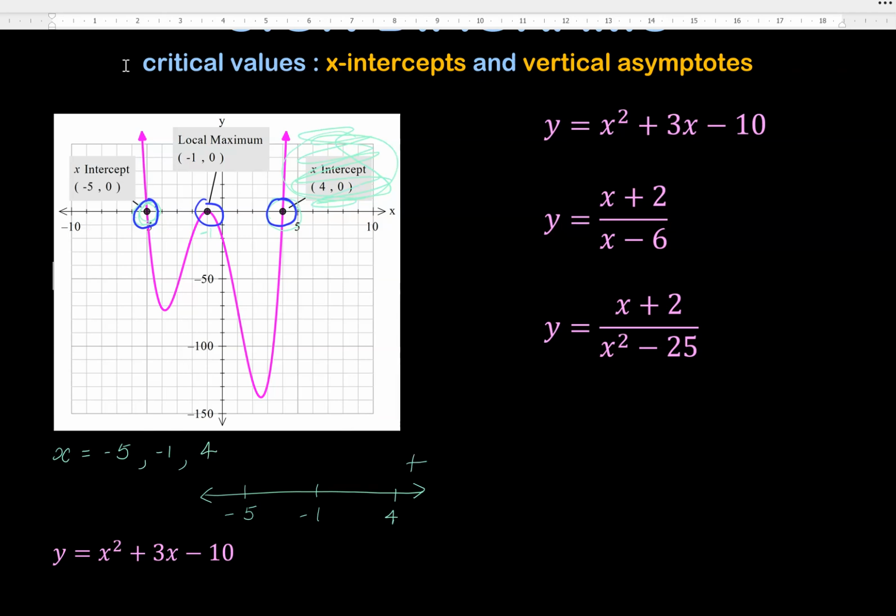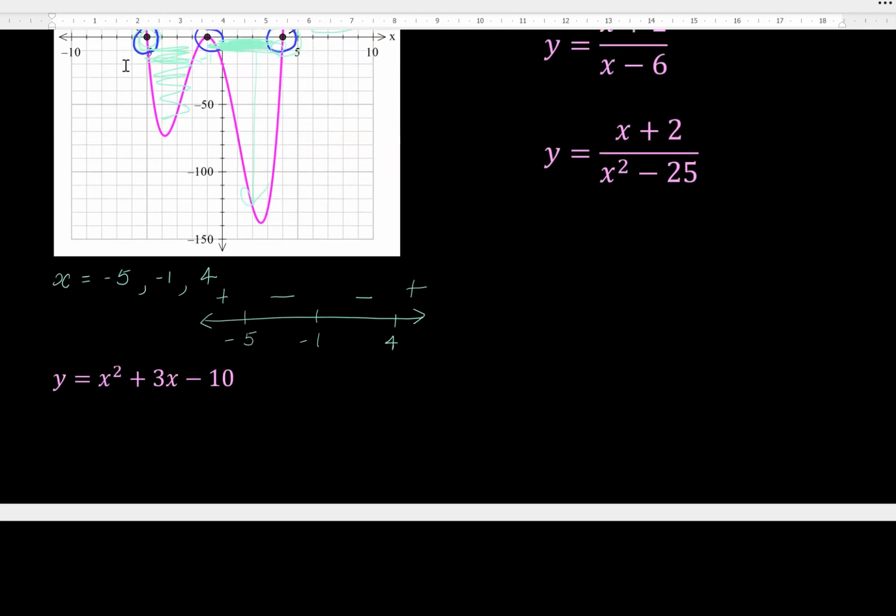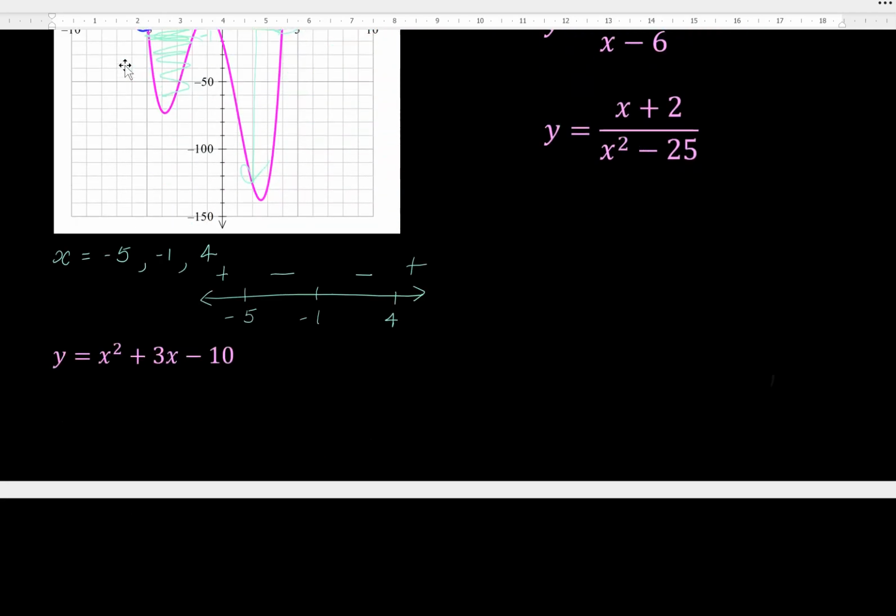So we put a positive sign there. Between -1 and 4, that's below the graph, all the y values are negative. Same from here, they're below the graph, so that's negative. And after -5, they're positive. So pretty straightforward.